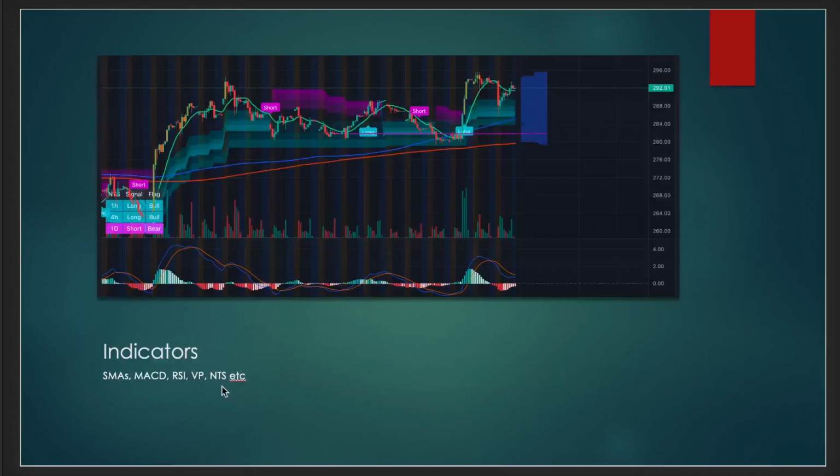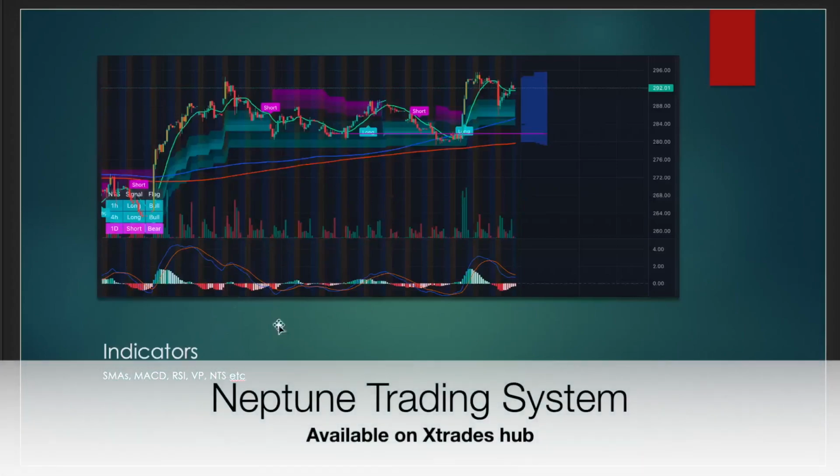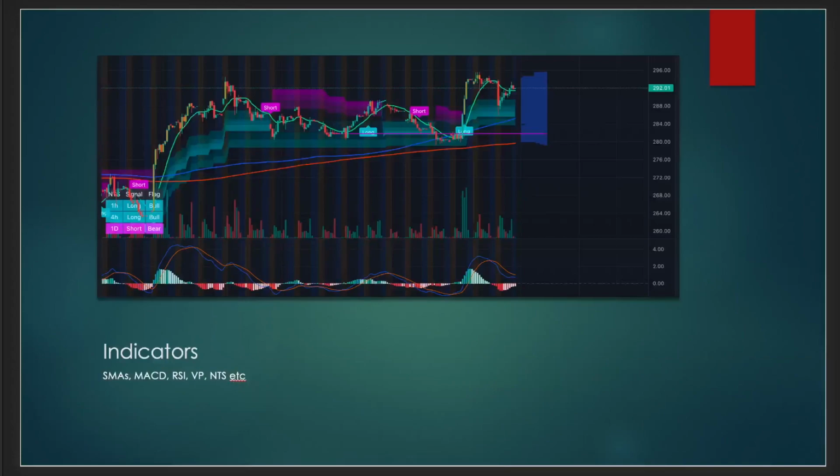And we have an indicator called the Neptune Trading System, which is available on Xtrades to use on TradingView, developed by one of our analysts, JTW over at Xtrades. It gives you long and short, bull and bear, flags and signals that you can use to identify entries and exits.